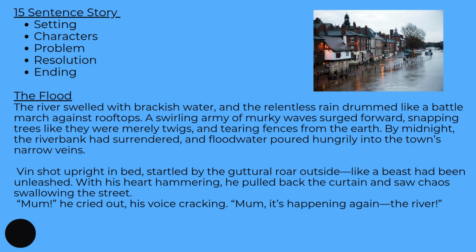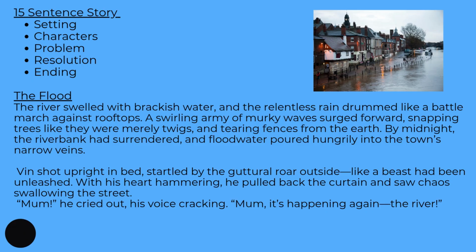So that second paragraph there, and it's only 3 sentences long, you can count them, starts to introduce the characters. The character Vin, who's obviously a child, and his mum. We've got the guttural roar of the way that the water is being described, and like a beast had been released.